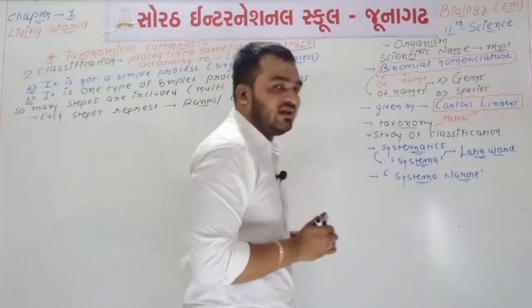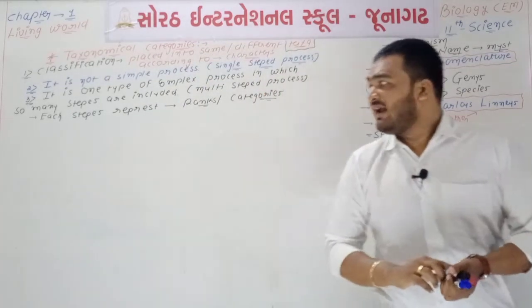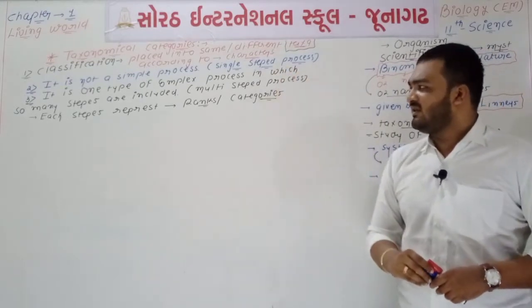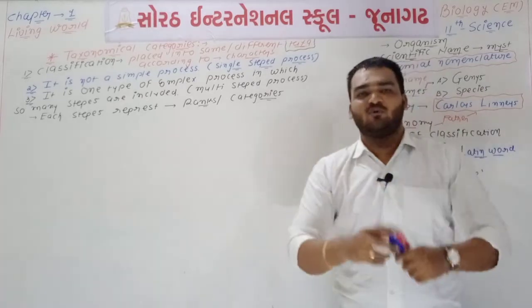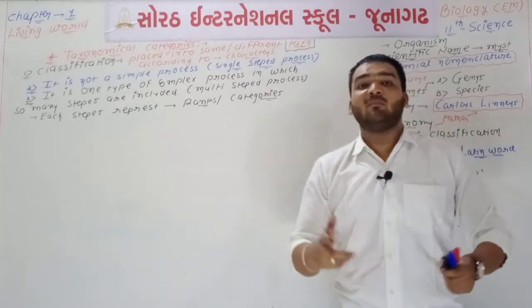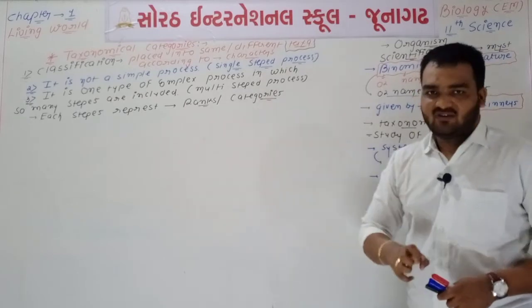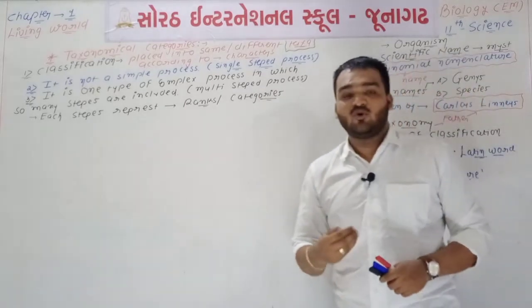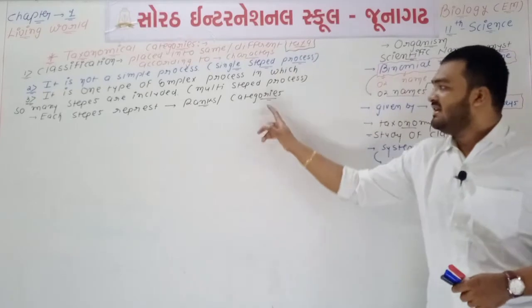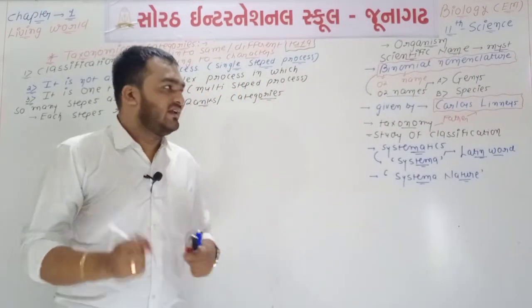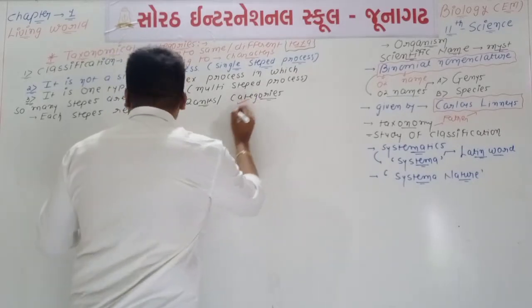Classification is not a simple process; it is not a single-step process. It is made up of so many processes, a complex and giant process. Each step involved in classification is one type of rank or one type of category. So category is important.